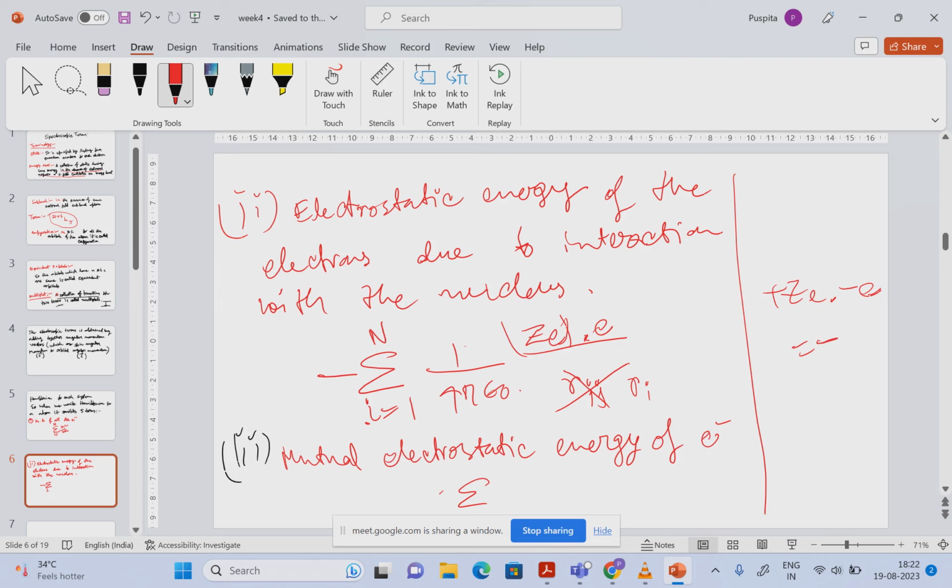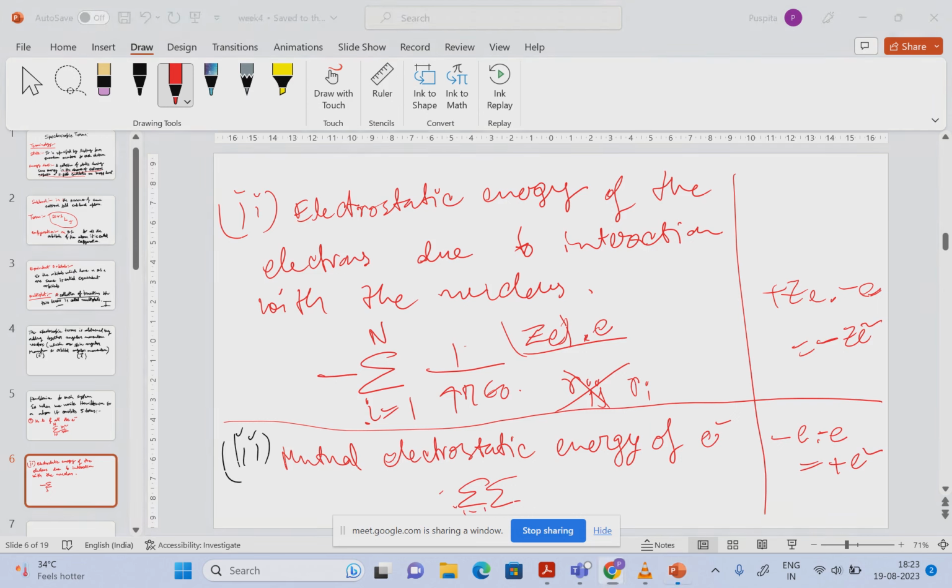So together minus Ze squared. But here it is minus e into minus e. So together that will be plus e squared. So this term is plus. And there will be a double summation, i is from 1 to n, j is from 1 to n minus 1, 1 by 4 pi epsilon naught e squared by r_ij.